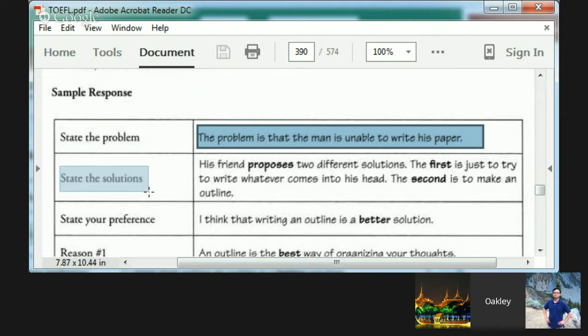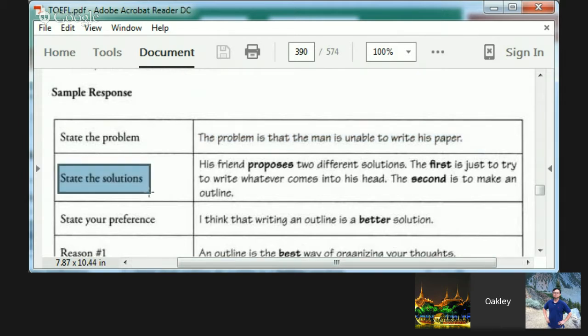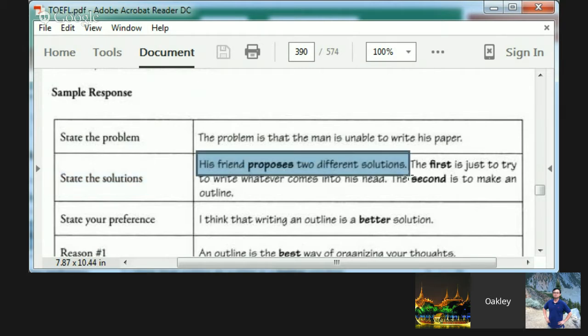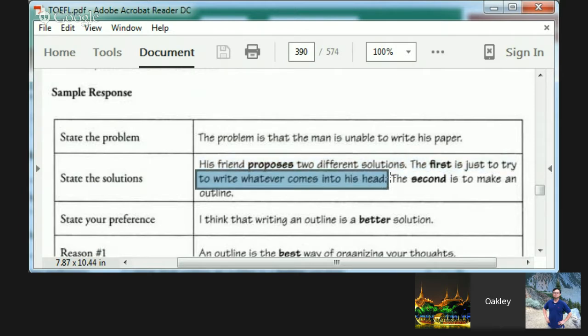Next, state the solutions. Again, the most important part of this question is giving your opinion. So you need to get through this section as quickly as possible. His friend proposes 2 different solutions. The first is to just try to write whatever comes into his head. The second is to make an outline.